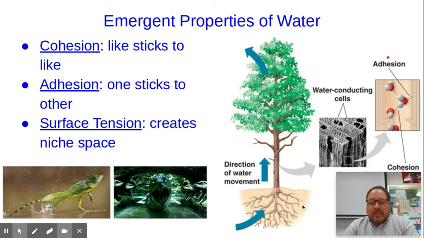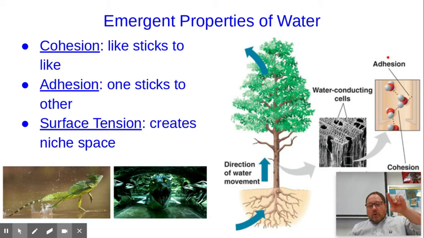And a fantastic example of this is seen in the movement of water through vascular plants. You can have a tree that's 300 feet tall, and water will move up against the force of gravity without the use of ATP because of cohesion and adhesion. These narrow tubes for water are called xylem, or xyla, I guess, would be the plural. These tubes are incredibly narrow, so there's this capillary action where the water molecules pull on the walls of the xylem.